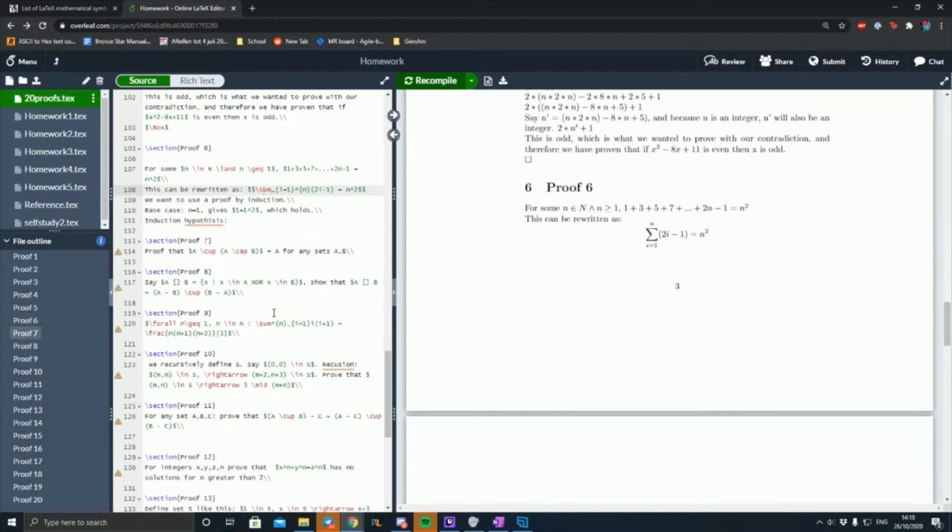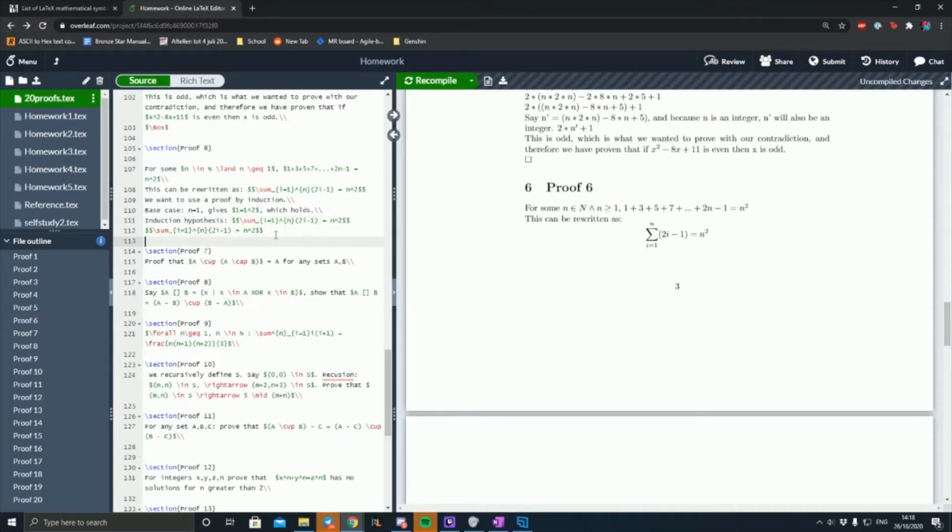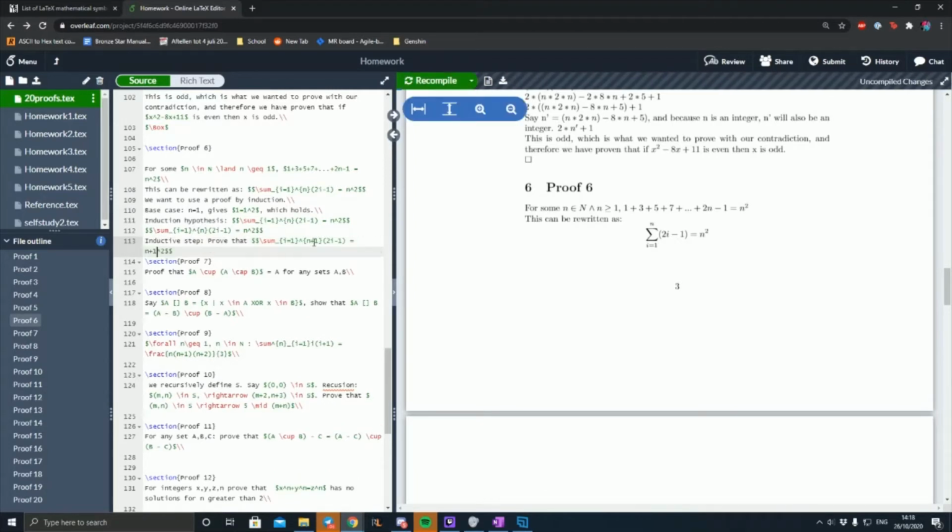The induction hypothesis is this. Inductive step: prove that, and then we replace all n's by n plus 1 and add brackets where necessary.